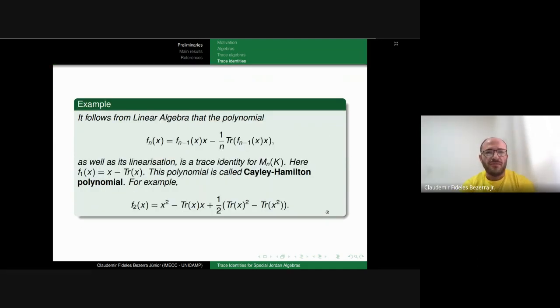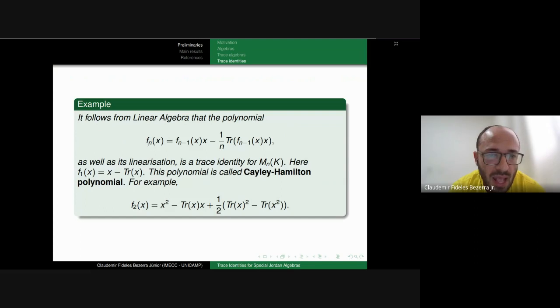An example of trace identities follows from linear algebra. We consider this polynomial, as well as its linearization. It's a trace identity for matrices of order n.